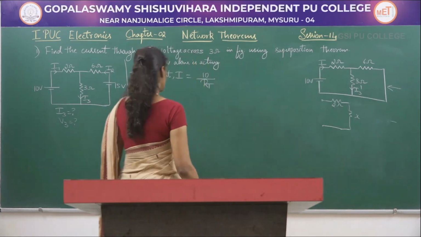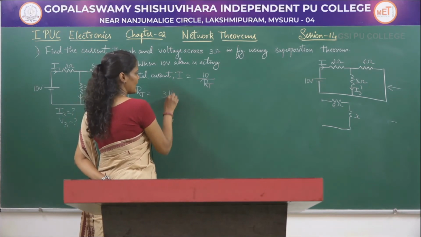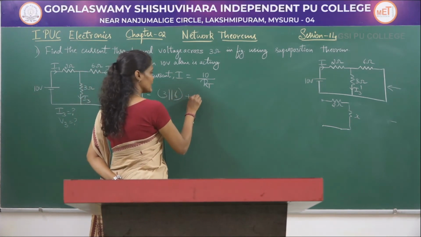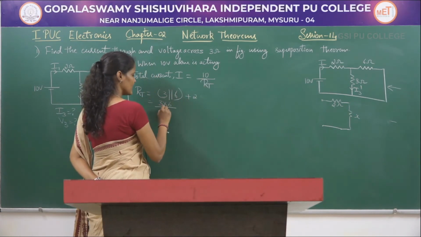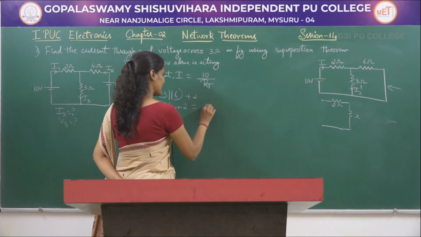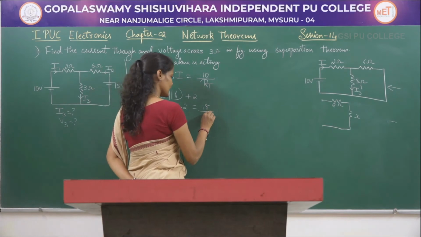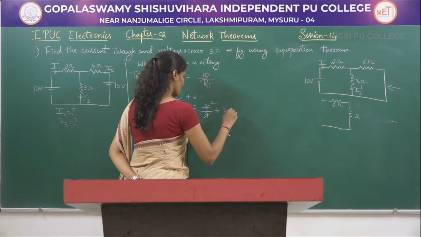So R total will be equal to 3 parallel with 6 plus 2. So we will be getting 3 into 6 divided by 3 plus 6, plus 2. 6 3s are 18, 6 plus 3 is 9, plus 2. 9 1s are 9, 9 2s are 18, which is equal to 4.